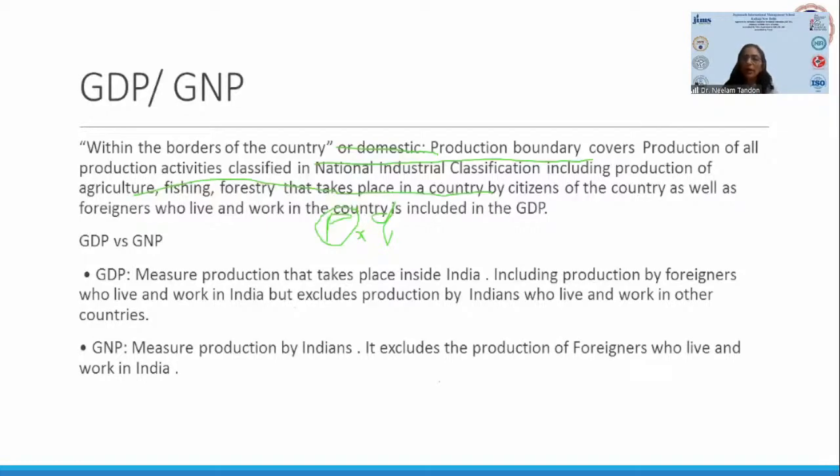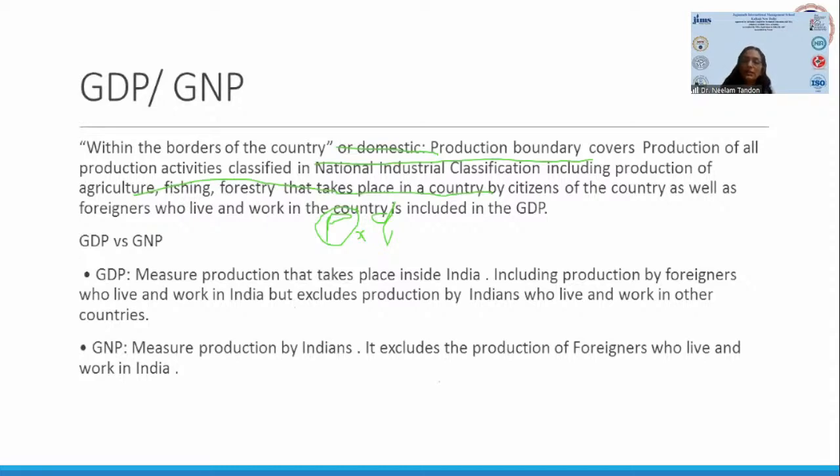Whatever they are investing abroad, the proceeds they bring back home are part of national. But Amazon in India, Uber in India, Netflix in India, whatever they get, they take back home, is minus. So national is basically the citizens of the country who are investing abroad and bringing it back home.